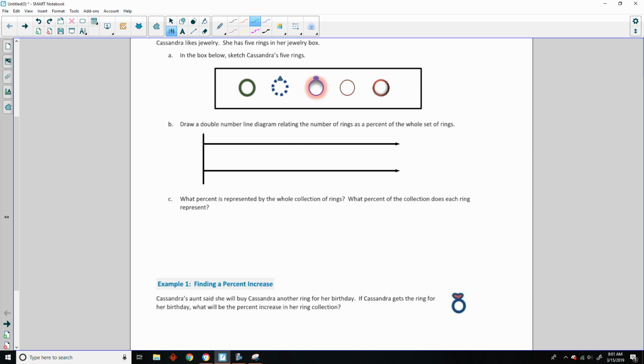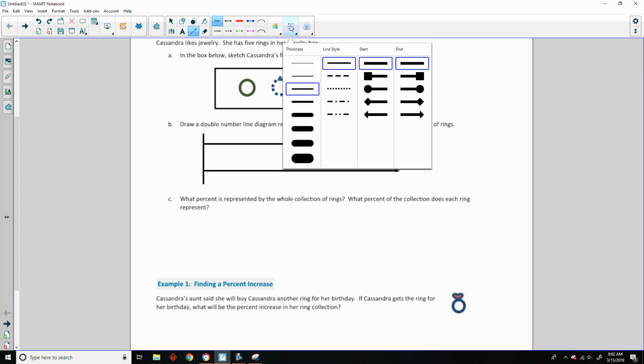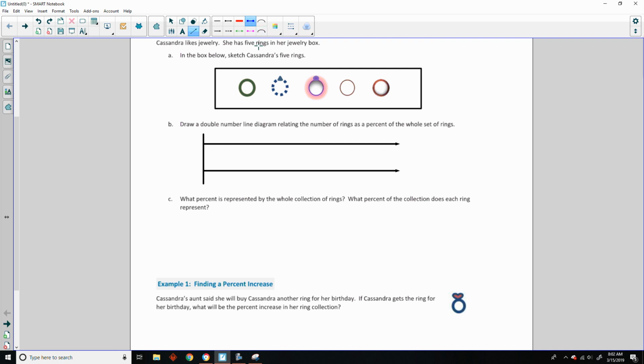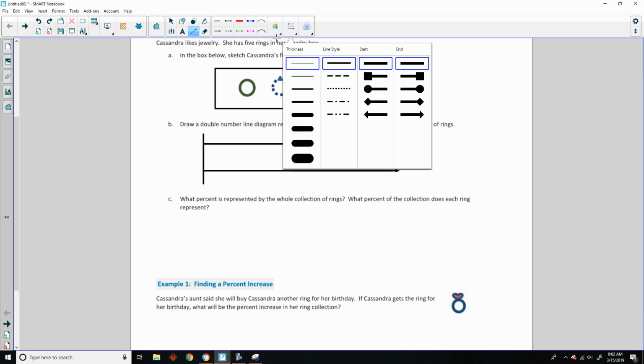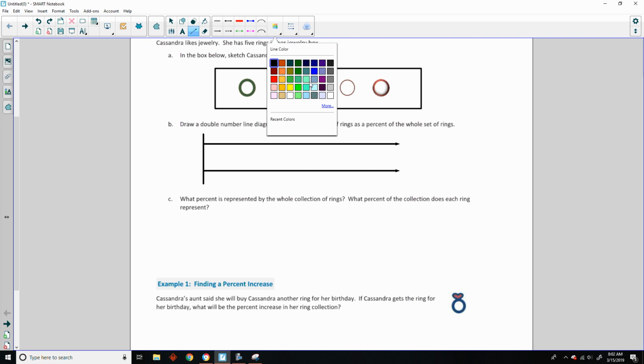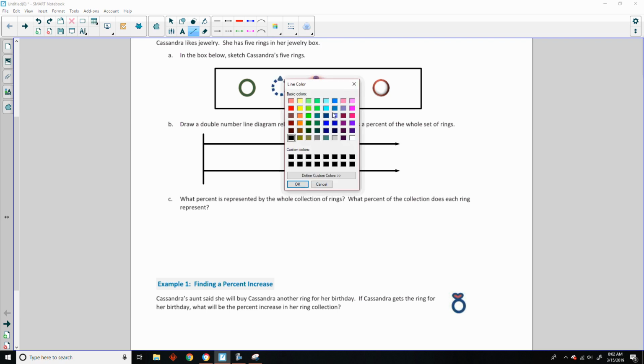Draw a double number line diagram relating the number of rings as a percent of the whole set of rings. Okay, so the way double number lines go is we want to draw a nice neat line, equidistant apart. So let's pick thin and maybe light blue.